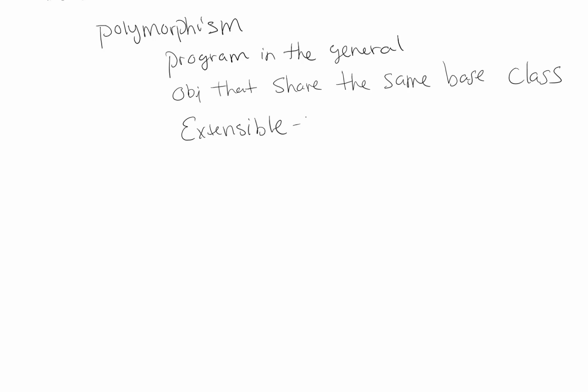So extensible basically means that we can add to it. So as the needs of the program change or as new features are desired, new classes can be added with little or no modification to the general portions of the app.